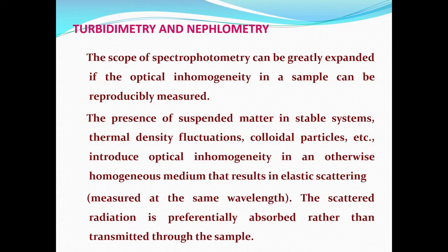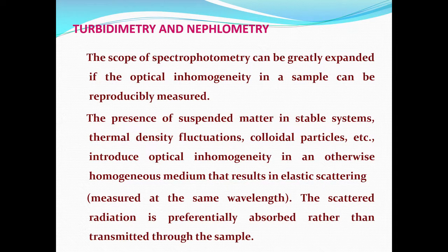that results in inelastic scattering. So, inelastic scattering means measured at the same wavelength. Elastic scattering means measured at different wavelengths. So, the scattered radiation is preferably absorbed rather than transmitted through the sample. So, in turbidimetry you can make the measurements as absorbance but not as transmittance.